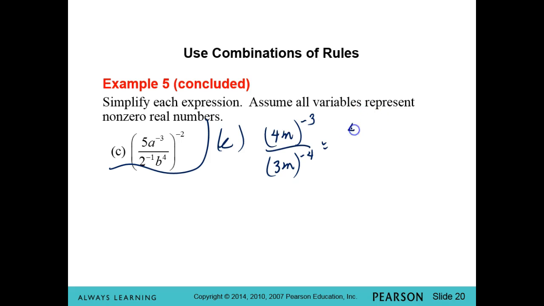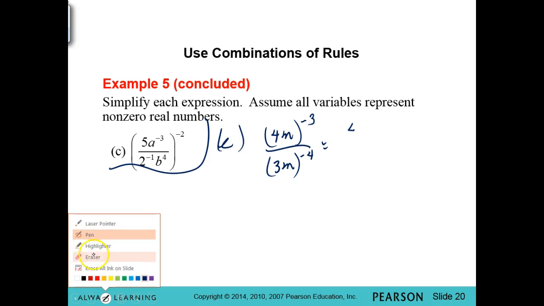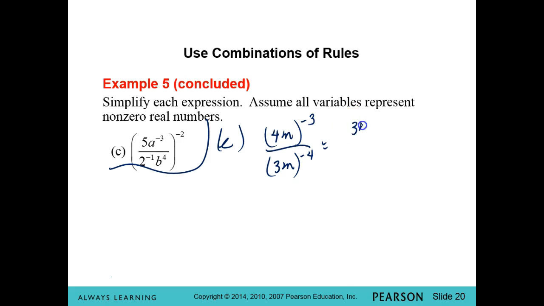And that would be, okay, I went to flip and I wrote the same thing down, which is not flipping. Okay, 3m to the 4th over 4m to the 3rd. And then that would be 3 to the 4th, m to the 4th over 4 to the 3rd, m cubed.